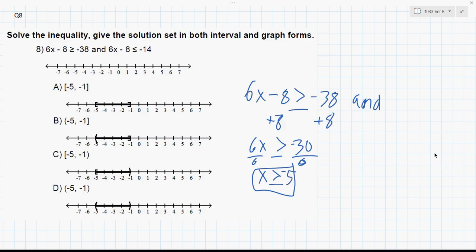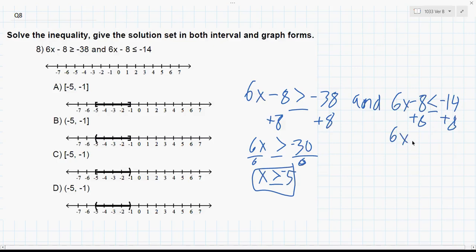Then we're going to go to the second one, which is 6x minus 8 is less than or equal to negative 14. Again, we'll add 8 to both sides. We'll get 6x is less than or equal to negative 6.